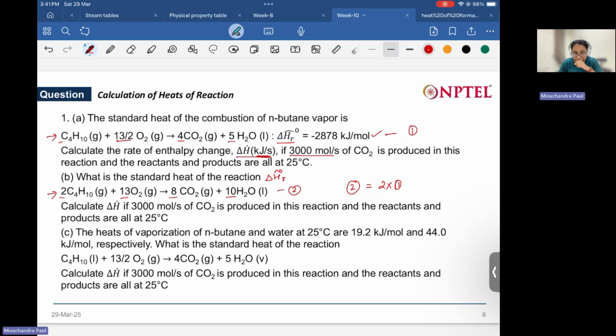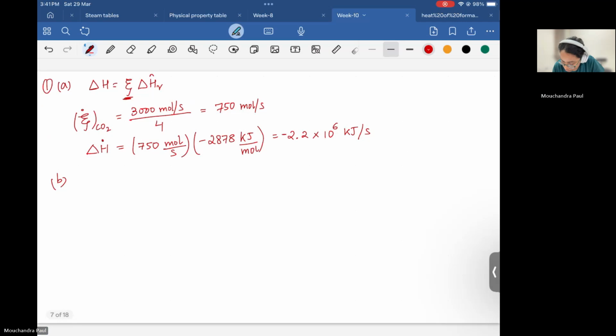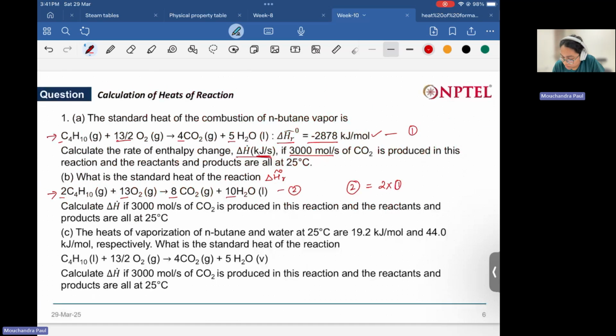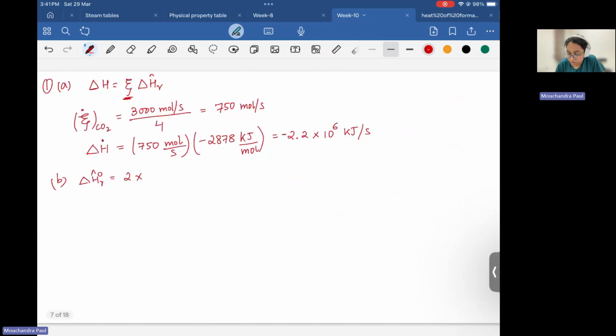Since I already explained that heat of the reaction depends on the stoichiometric quantities, the new standard heat of reaction will be twice of the previous one. So the previous one was minus 2878.